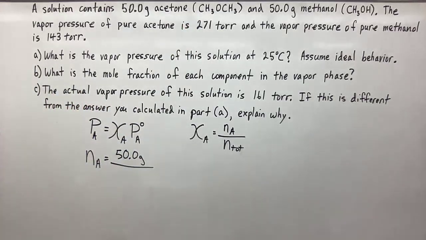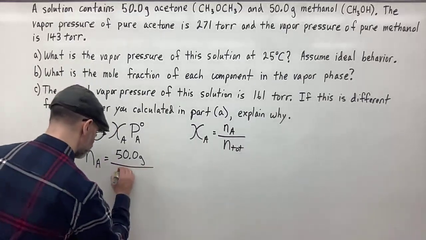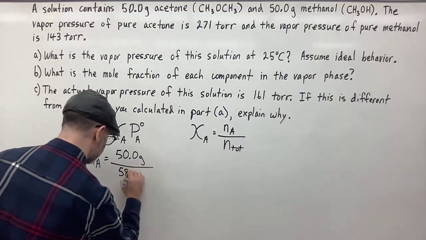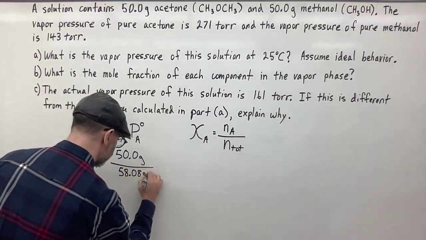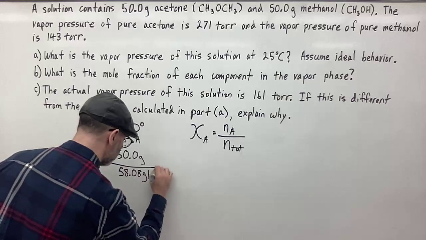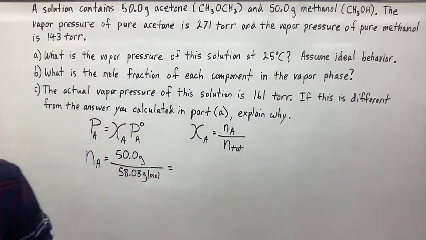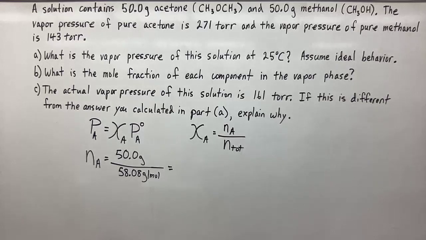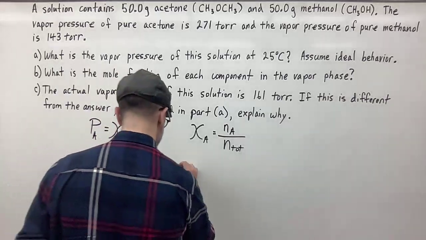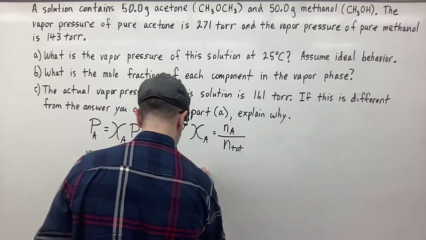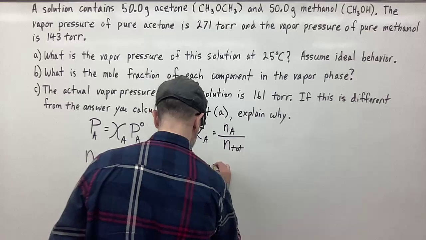And when I do that, I get 58.08 grams per mole of the acetone. And when I calculate that, I get 0.86086.